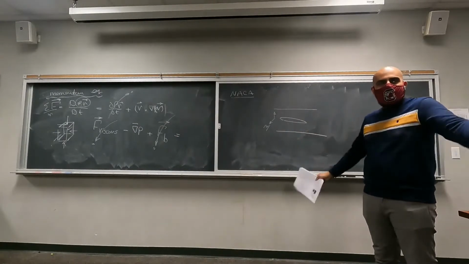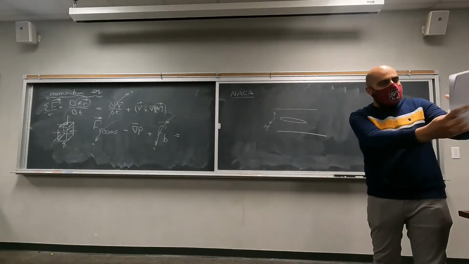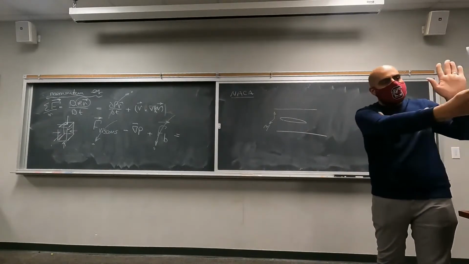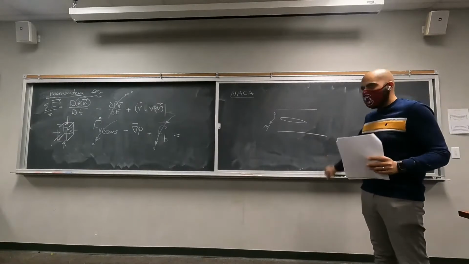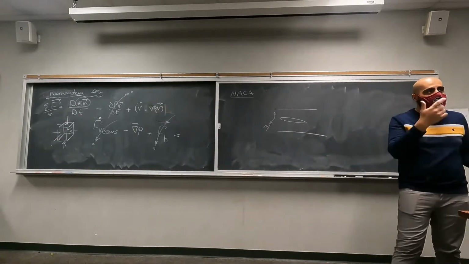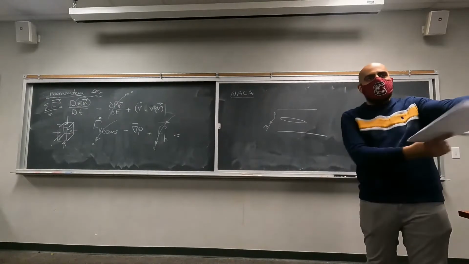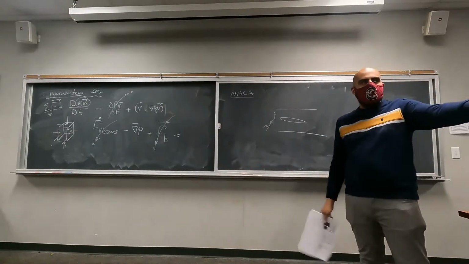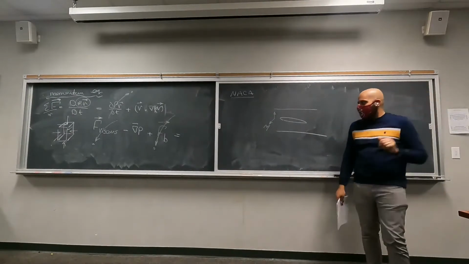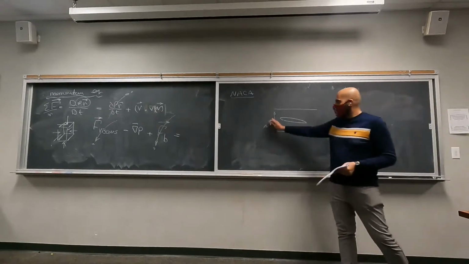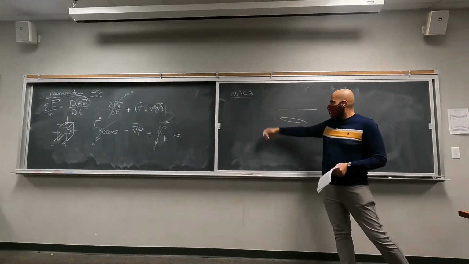They made sure that the wing they're analyzing goes from this wall to that wall. What does this do? It essentially helps remove the three-dimensional effects from the tip of the wing. And we are going to talk about the three-dimensional effects later in the class. So they remove the importance of this and this.